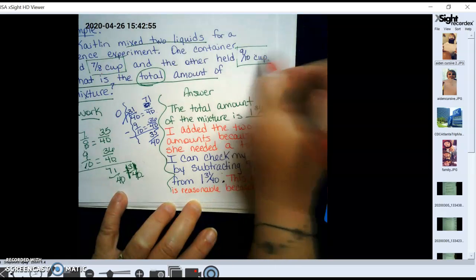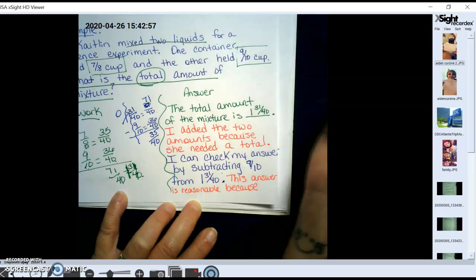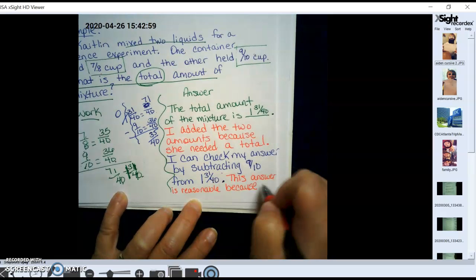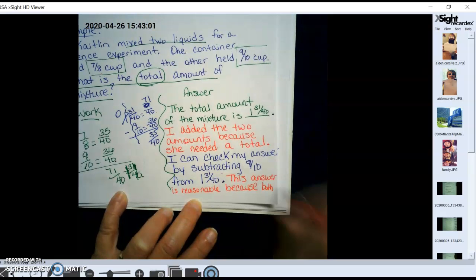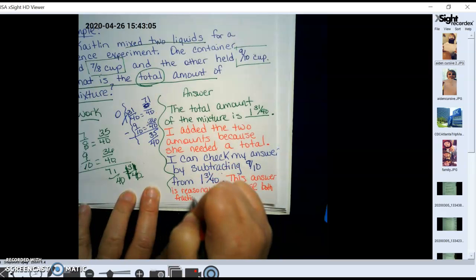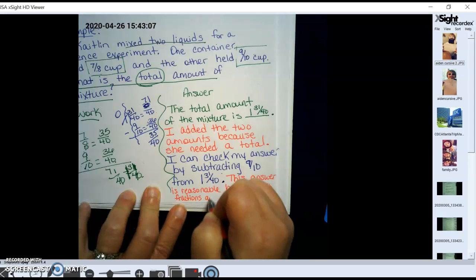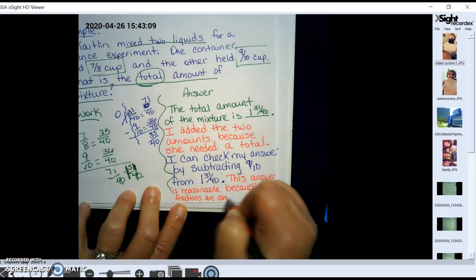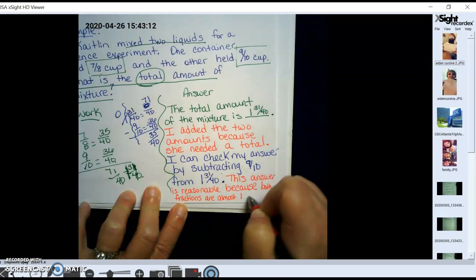And then I'm going to add 9/10 onto it, and that's almost 1. So both fractions are almost 1.